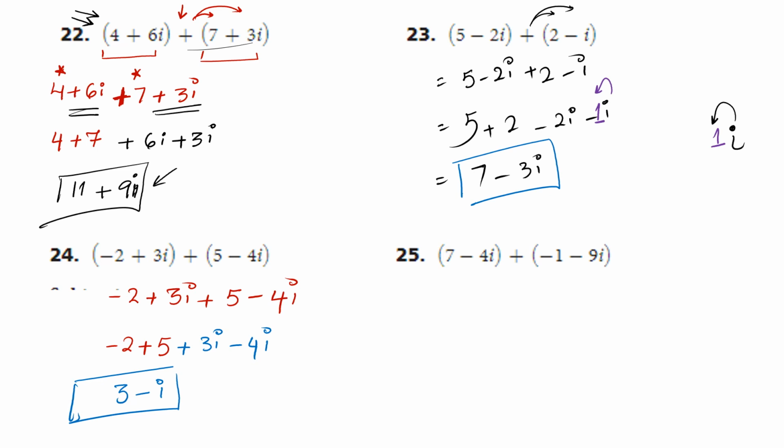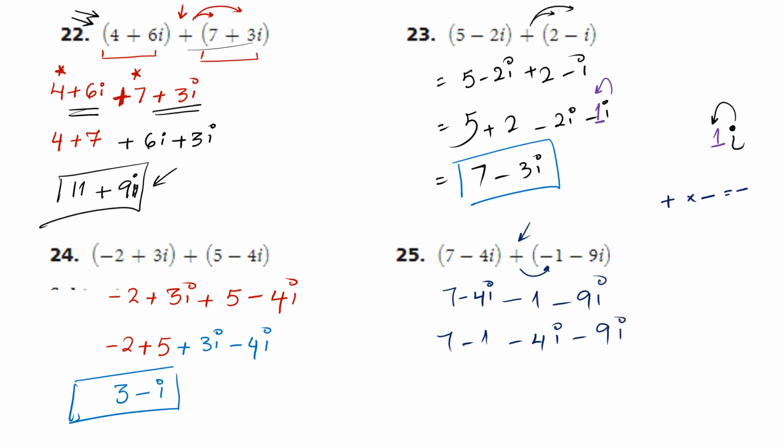Next question, open them without doing anything. Whenever there is a plus and inside minus is written, you write minus. The reason is plus minus gives you minus. So minus 1 and minus 9i, write the real part with the real part and the imaginary part with the imaginary part.